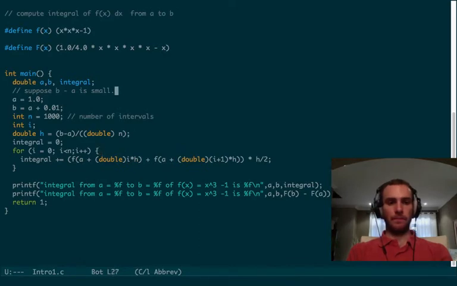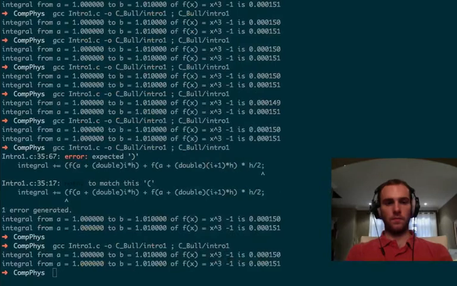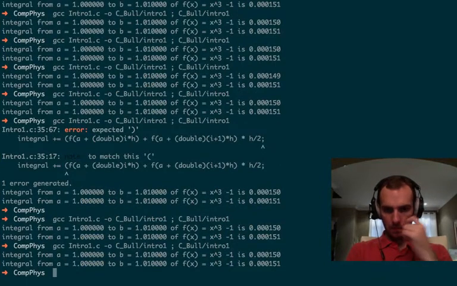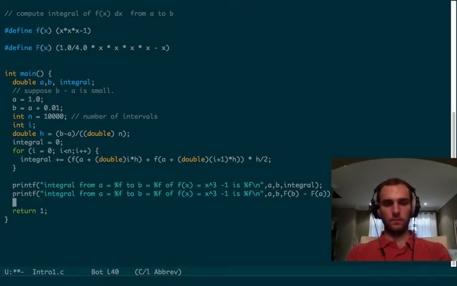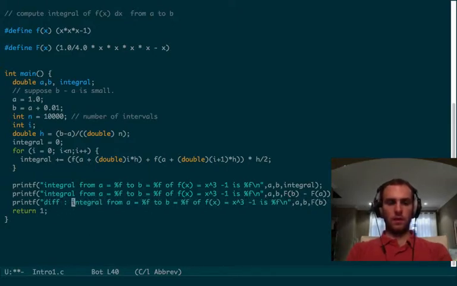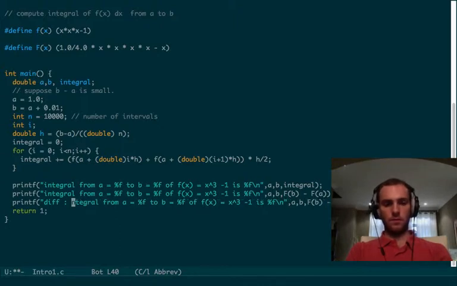Still don't get the answer we were looking for. Let's add a third thing. So the difference, right?